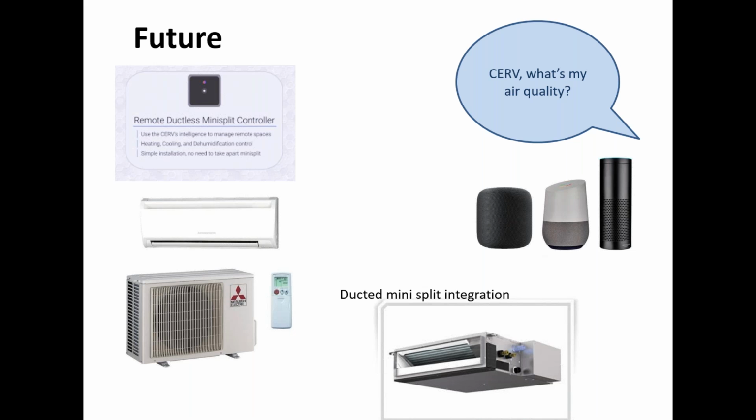If you get our newsletter, we've released some information on that, but this integrates a ducted mini split with the CERV to increase the heating and cooling capacity of the unit. So this is a powerful all-in-one integration to really give you that optimized heating, cooling, and ventilation package. And we'll be releasing more of that information in the near future.